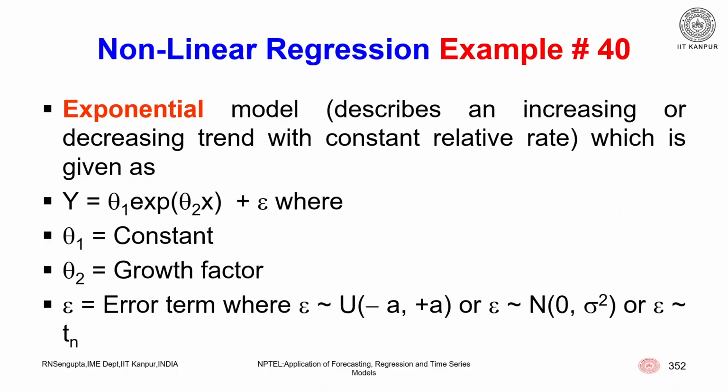Now, before I start the exponential model, which describes an increasing or decreasing trend with constant relative rate, and the equation is given. If you remember in the last two lectures, which were the 46th and 47th, the main emphasis was to give the model and explain what the parameters theta 1, theta 2, theta 3 are, depending on how many parameters there are.